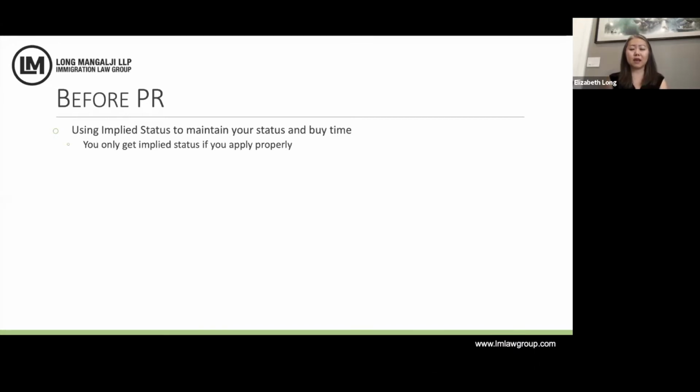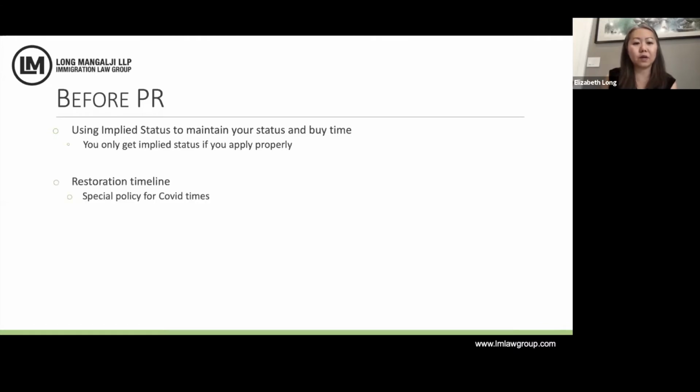So let's say that I have a study permit that is valid until August 31st. If I had submitted another study permit extension on August 30th, then I can stay in Canada and continue to study until a decision is made on my study permit. Okay, that's called implied status.